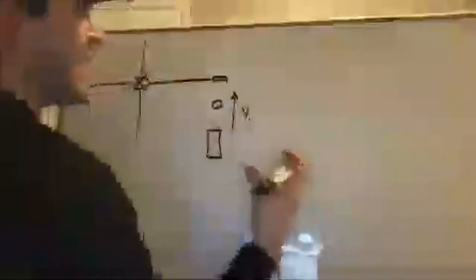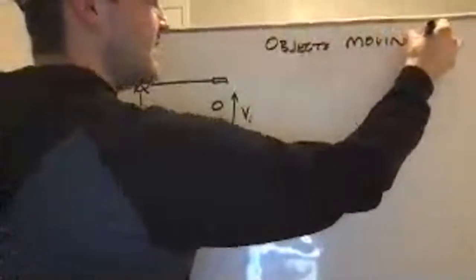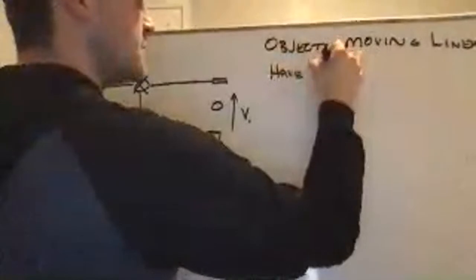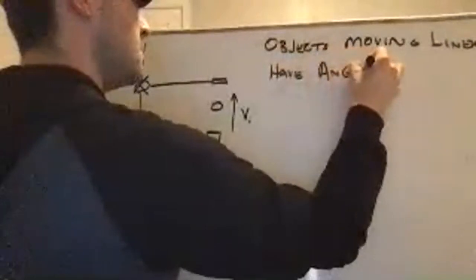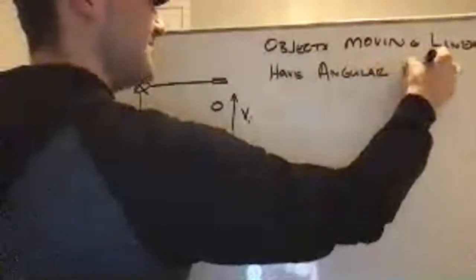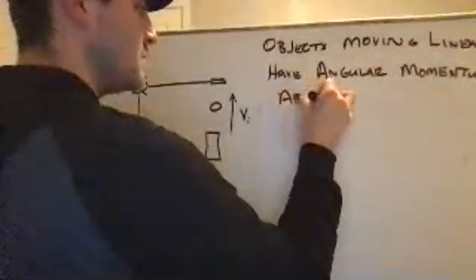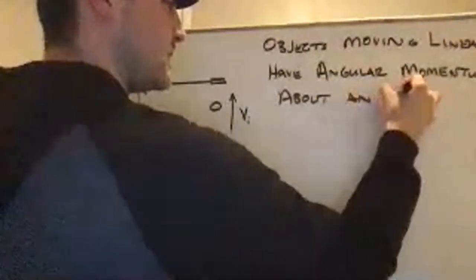All to support this big idea that objects that move linearly have angular momentum about an axis of rotation.